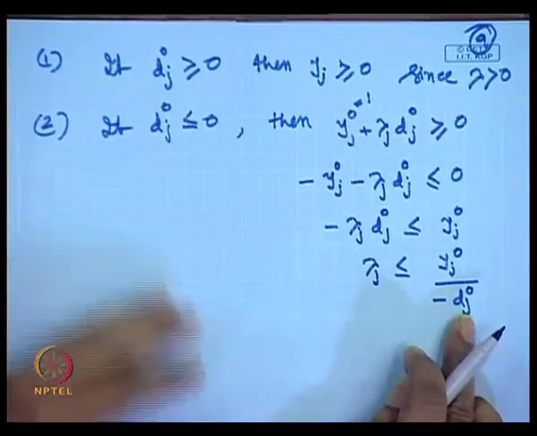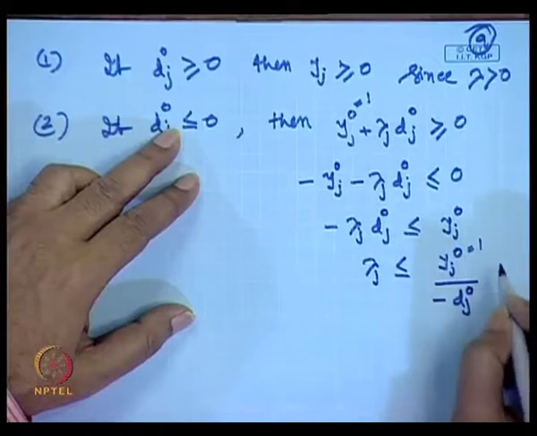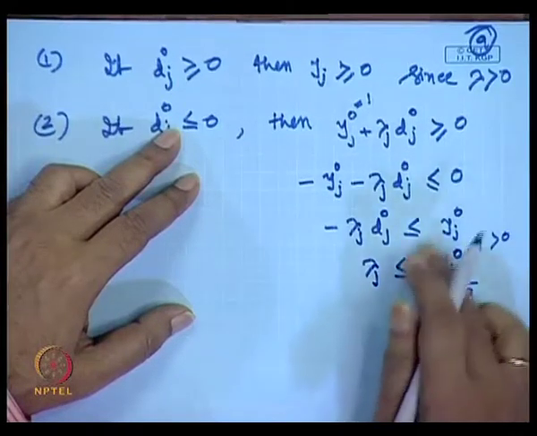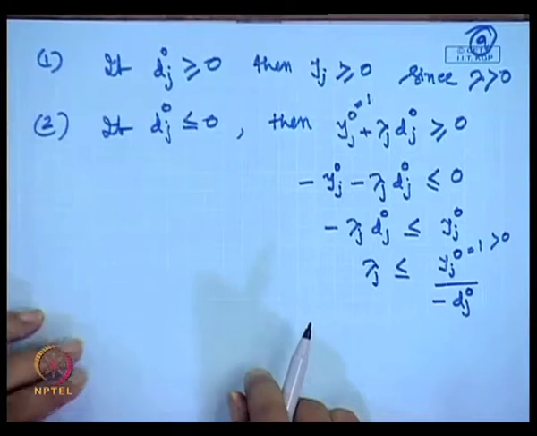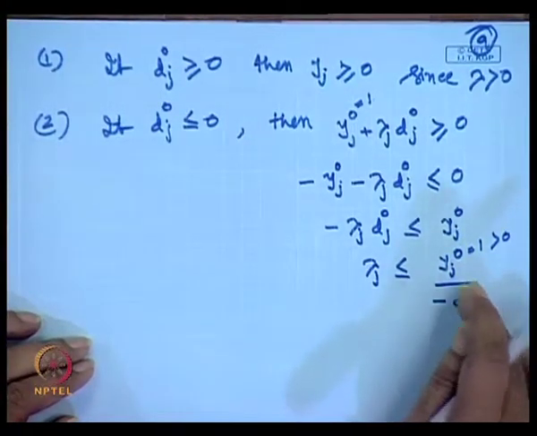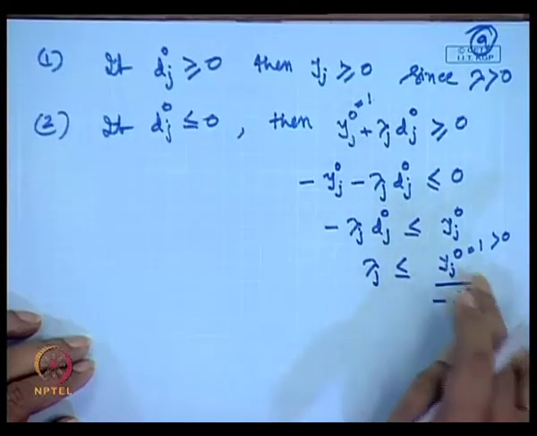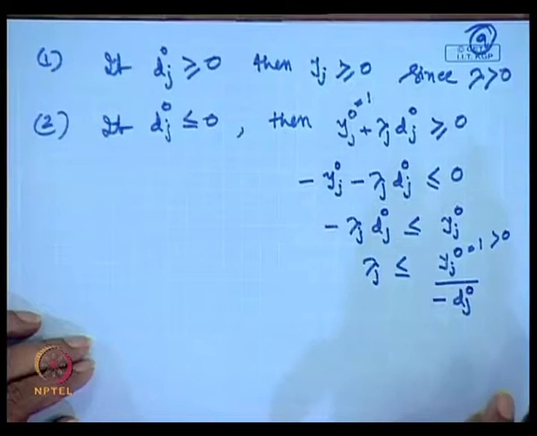Now, you see dj 0 is negative, and negative and negative gives positive. This is already a positive quantity and it is greater than 0. So, this quantity lambda is a positive quantity. Now, how many components of y and dj do we have? We have n components, j is equal to 1, 2, 3 and so on.